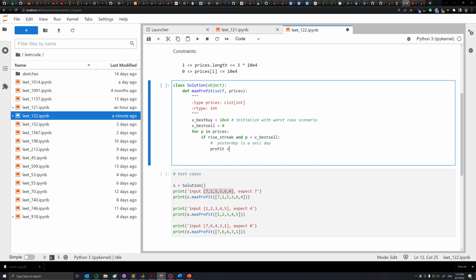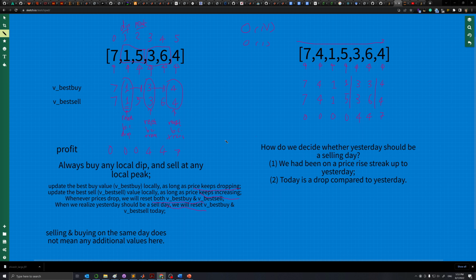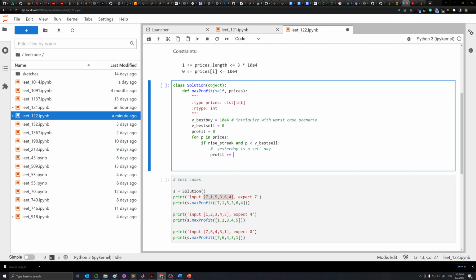So we're gonna update our profit. We should initialize our profit equal to 0, and profit plus equals the currently stored best sell value, which is 5 previously, minus the v best buy value, which is 1 previously. So v best sell minus v best buy.